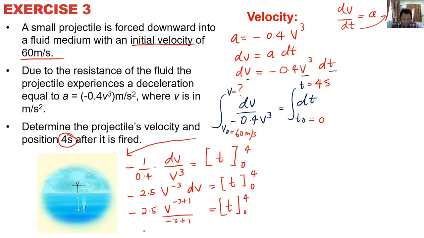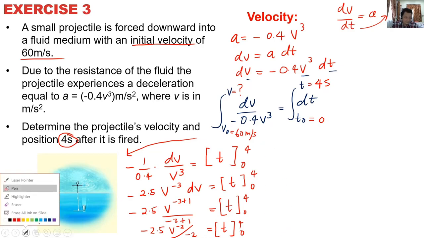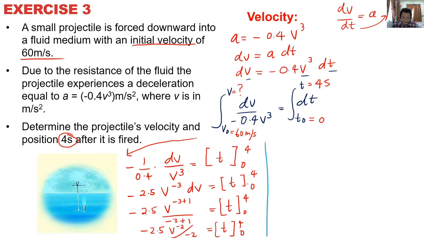So this equals negative 2.5 v to the power negative 2 over negative 2, equals t, from 0 to 4. So the final equation becomes negative 2.5 over negative 2 v to the power negative 2.